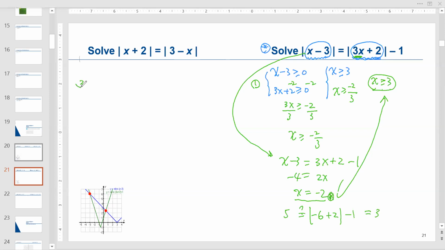Let's see the second situation. What possibly is this situation here? You guys know that when a number is positive or 0 or negative, we put positive and 0 together, right? And the same thing here, positive or 0 or negative numbers. So the second situation is the left side is positive and the right side is negative.